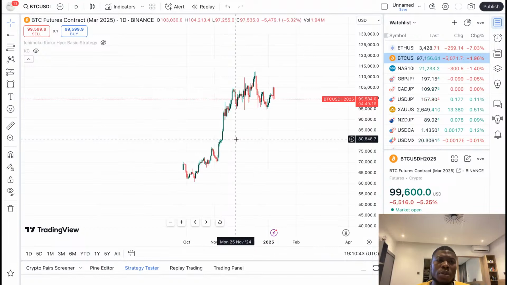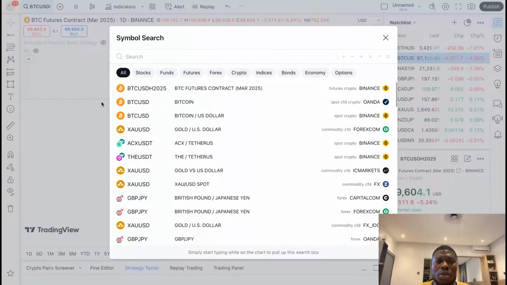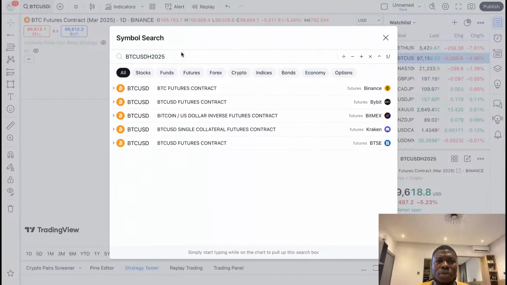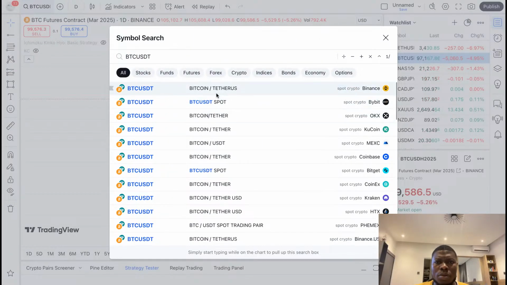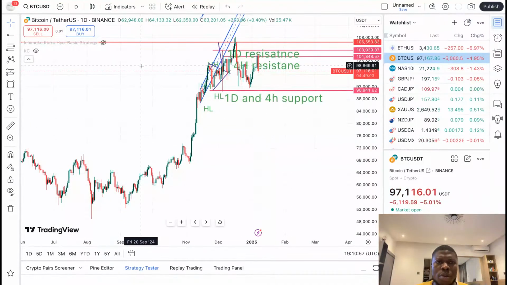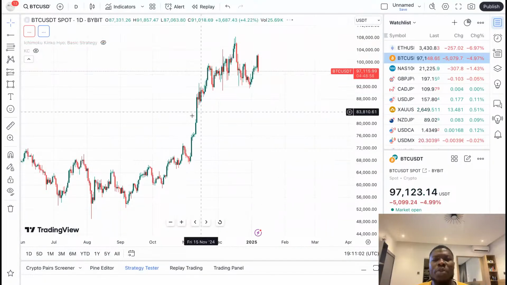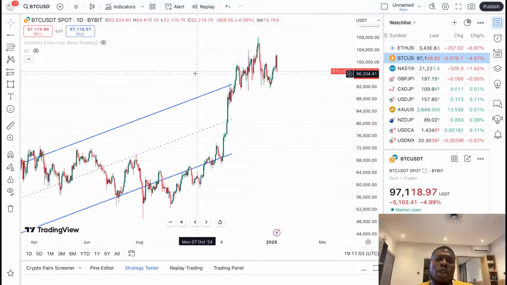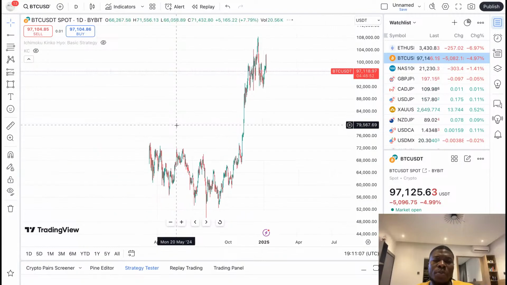Bitcoin has been in an uptrend. This is not complete, please, let me change. Now, Bitcoin has been in an uptrend for quite a couple of time.